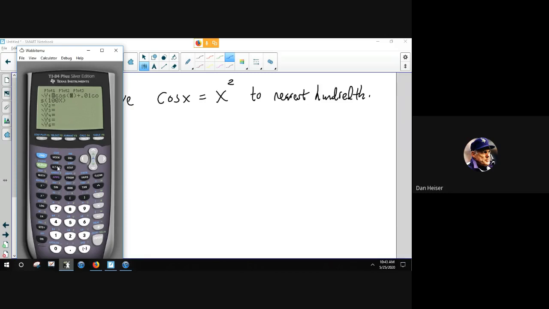Cosine x, everything else can go away, and x, whoops, wrong order, x squared. I'm going to change my window back to, I'll do zoom trig, number 7 here.